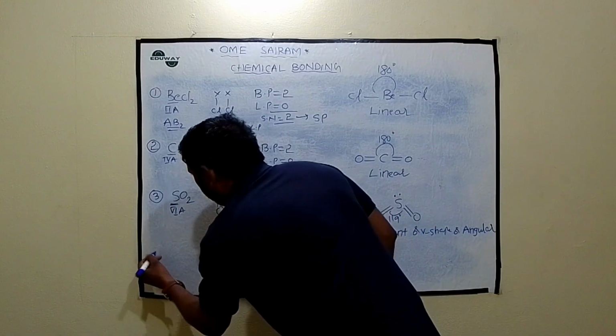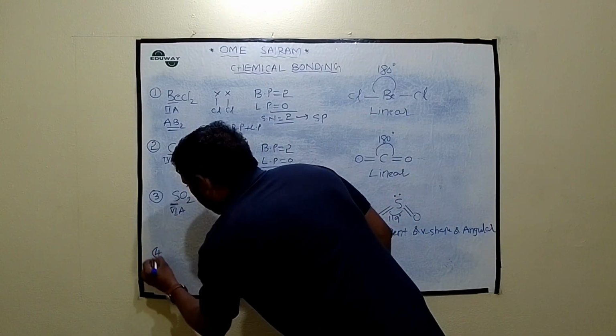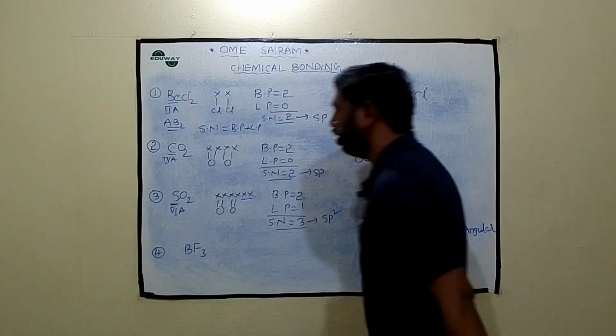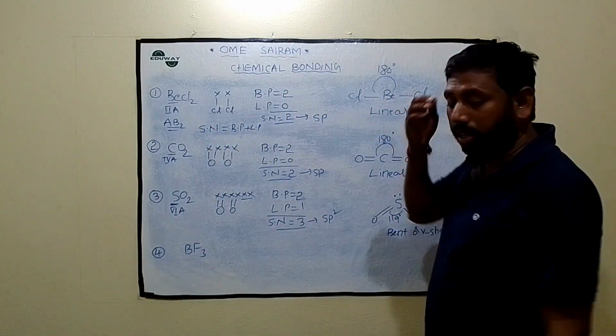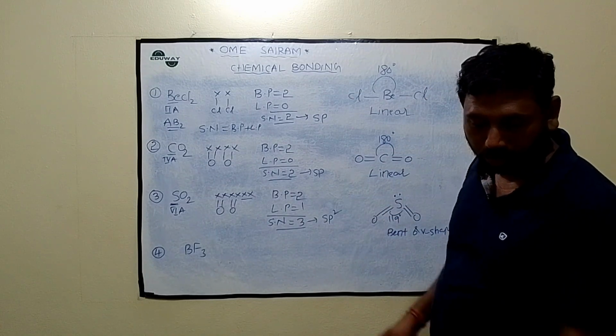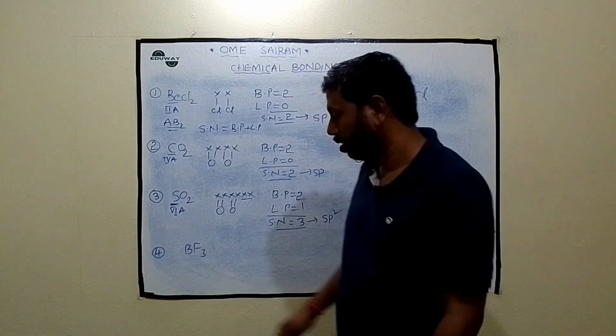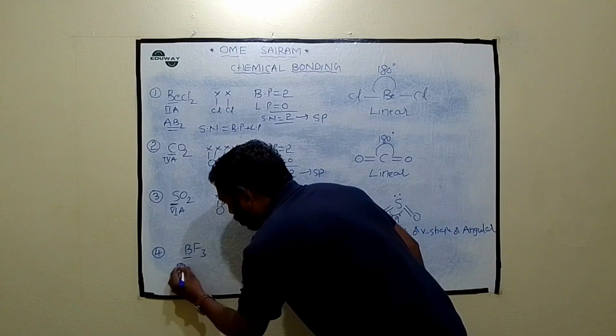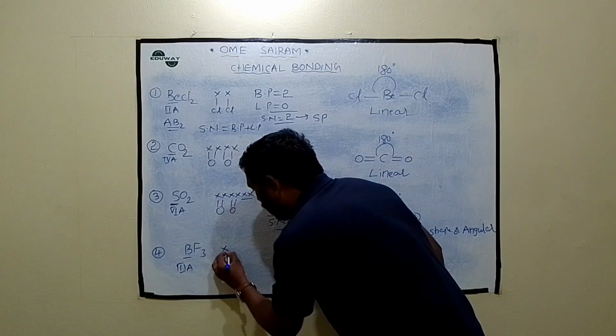Next, boron trifluoride, BF3. In boron trifluoride, the central atom is boron and it belongs to the third A group, which means it contains 3 valence electrons.